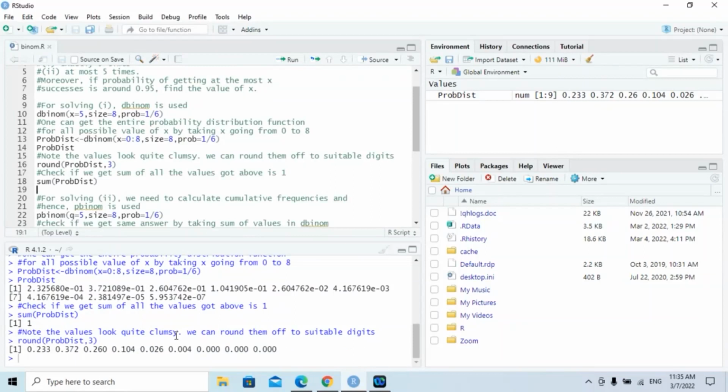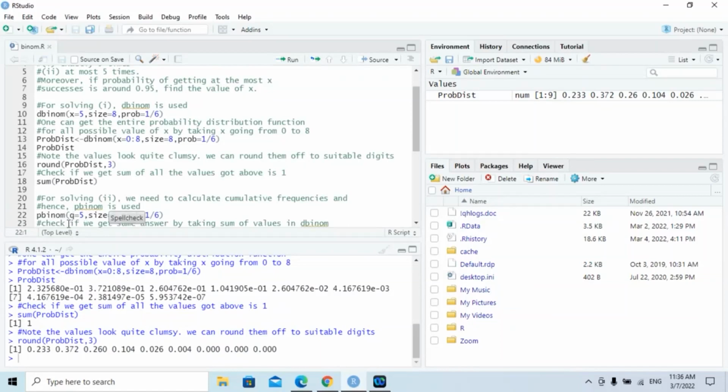Now let us go to the second part, where we want to find the cumulative probability that capital X takes value at the most 5. So the probability that capital X is less than or equal to 5. For that, we use the pbinom function. It calculates the cumulative probabilities. Here the first parameter which we give is q equal to 5.